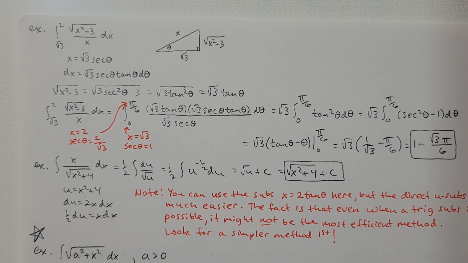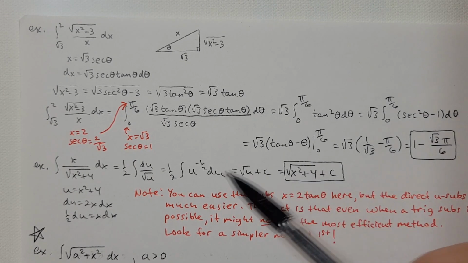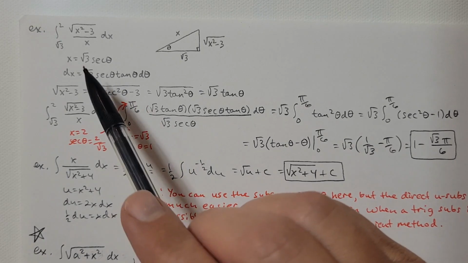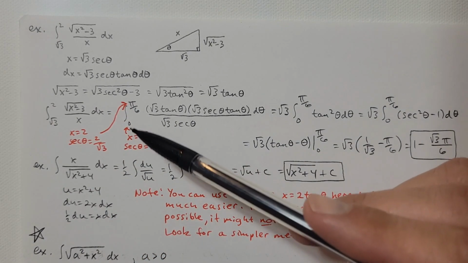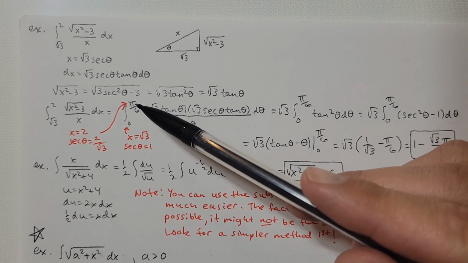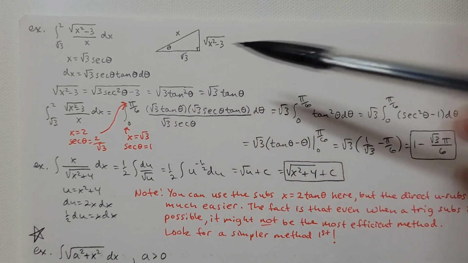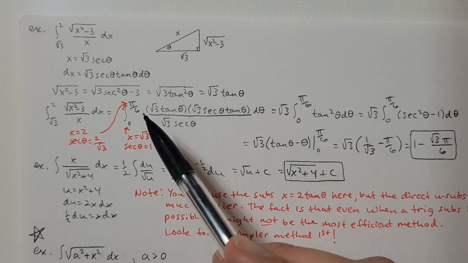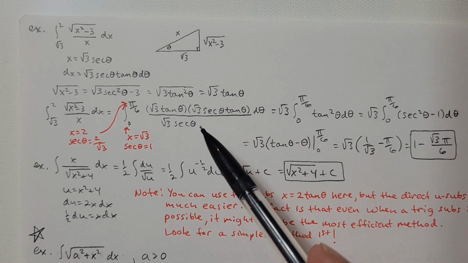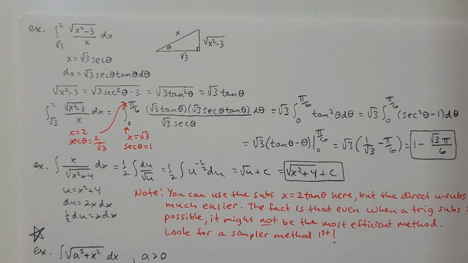Okay, and then the square root of x squared minus 3 is, x is root 3 secant theta. So if I square that, I'll get 3 secant squared theta. Okay, and then minus 3, that's all underneath the radical. If I factor out 3, then secant squared theta minus 1, that's by definition tangent squared theta.